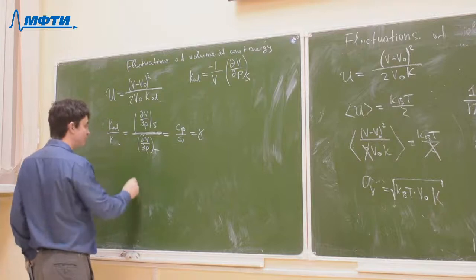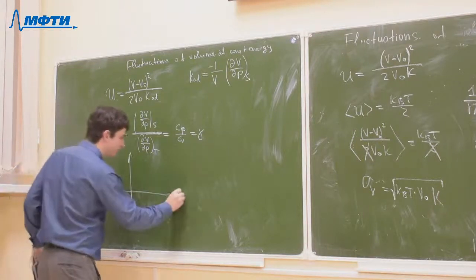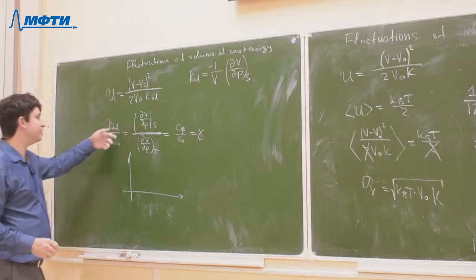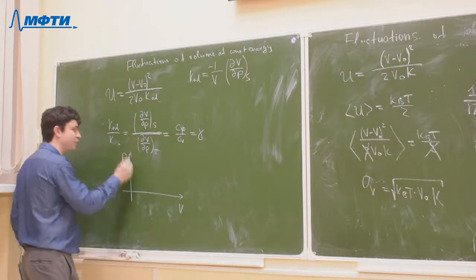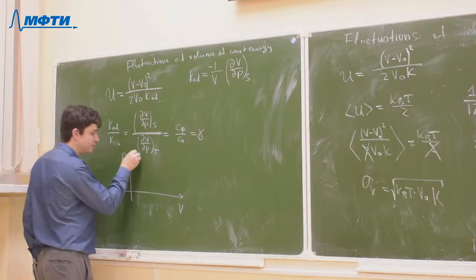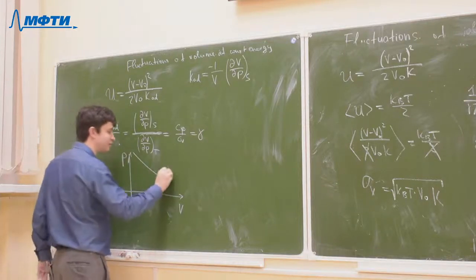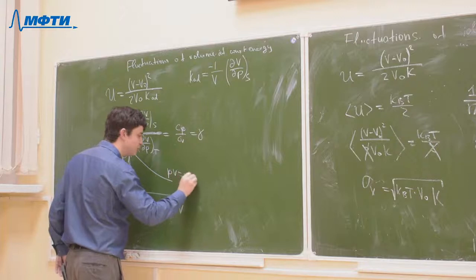So to illustrate this equation, I would consider the adiabatic process and isothermal process for the ideal gas. The isothermal process is described by the equation that PV is constant.